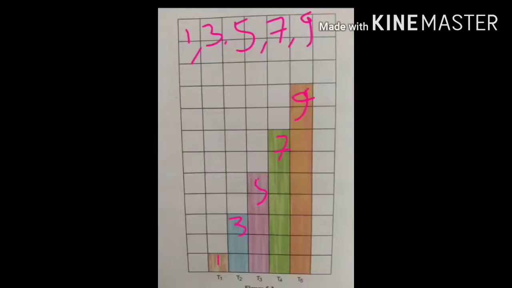Now you will check the differences: the difference of the first and second term is 2, the difference of the second and third term is also 2, the difference of the third and fourth is also 2, and the difference of the fourth and fifth term is also 2. Look here, you can check the observation for the first sequence.